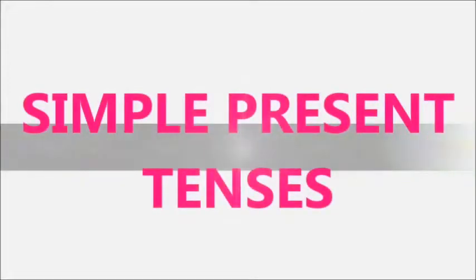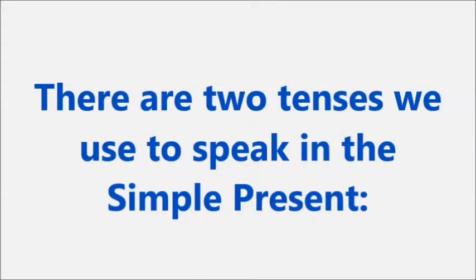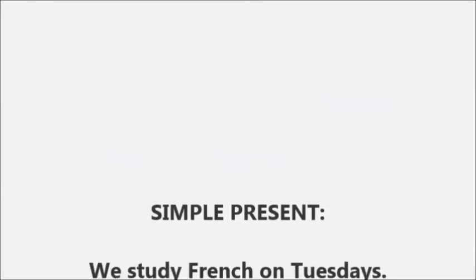Now, what about this one here? The simple present tenses, okay? There are two tenses we use to speak in the simple present. Okay, just two. And here are some examples. Starting off with the simple present.